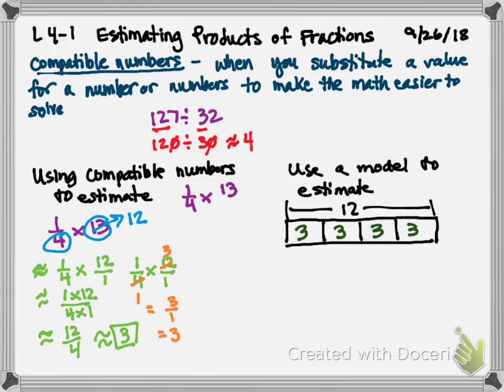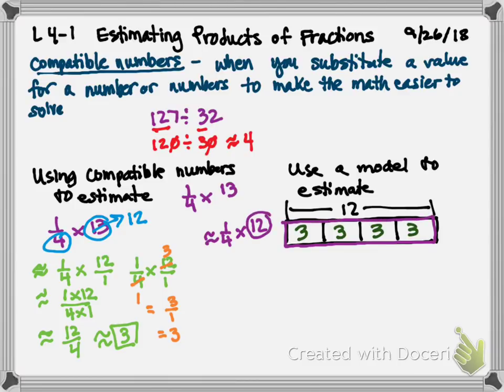So let me write that problem out here again. This is what I get when I estimate or use a compatible number for 13. So the 12 is going to represent the whole bar. That's its job.